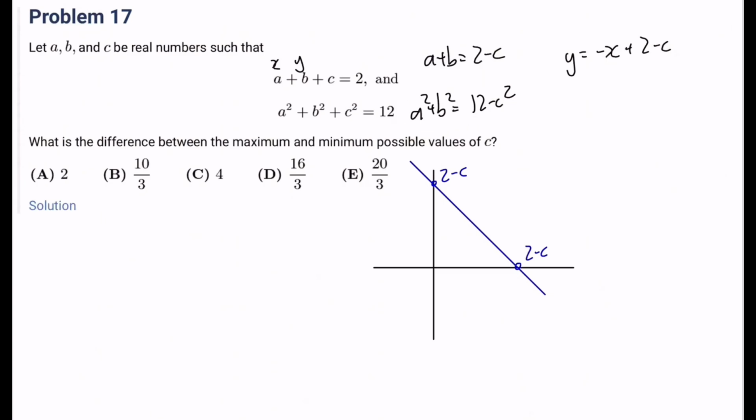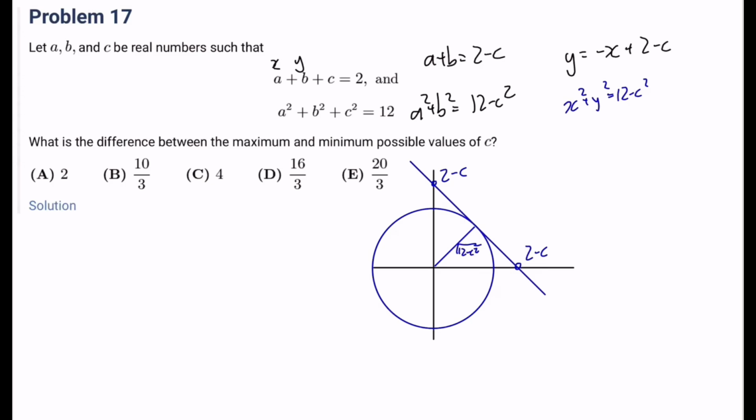And for this, we see that this is x squared plus y squared equals 12 minus c squared. So this is basically a circle centered at the origin with a radius of root 12 minus c squared. And so that's going to give us a circle like that. And we know that this length is going to be root 12 minus c squared, right?